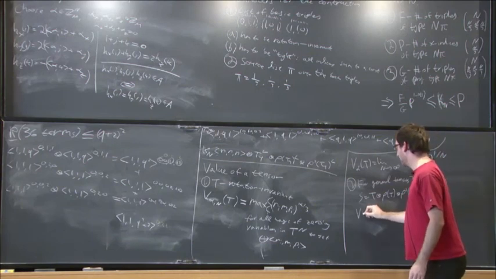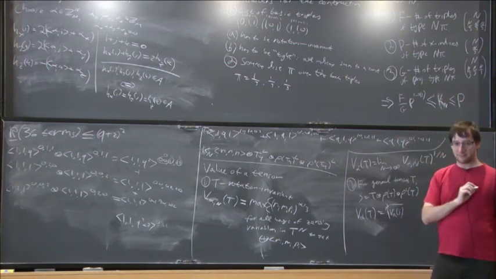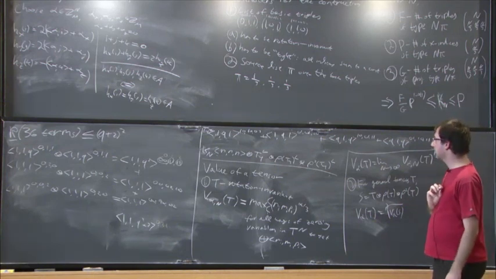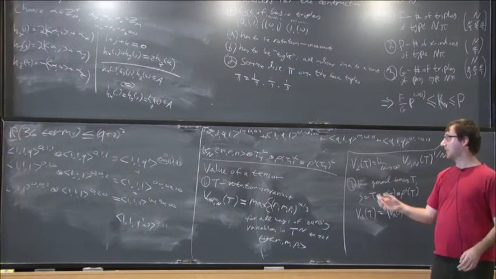And then the value is just the cube root of the value of S. Okay, so now you have the definition. We won't worry so much about this case of general tensors, although this is what we actually need here.